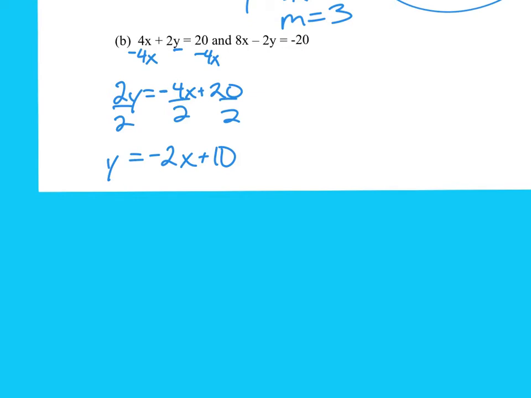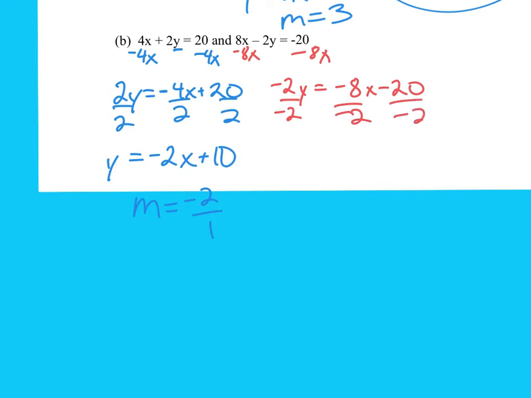What's the slope of that? Negative 2 over 1. What about the next one? Subtract the 8x. So you get negative 2y equals negative 8x minus 20. Perfect. Now what? Divide by negative 2 on everything.